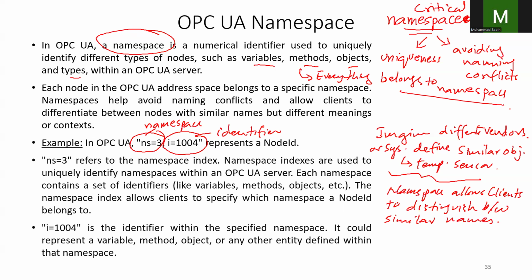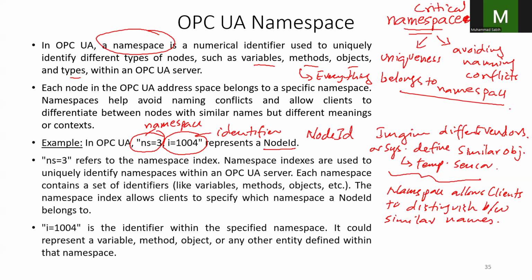NS3 is the namespace index, and i is the unique identifier within that namespace. Together, they are called the node ID. Okay, so this is called the node ID.